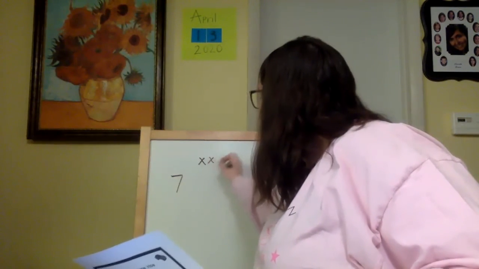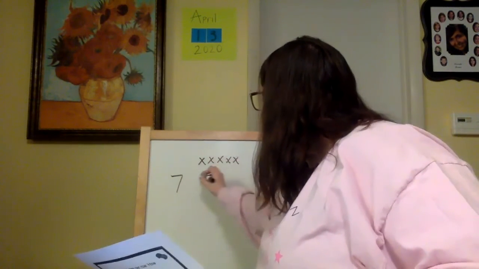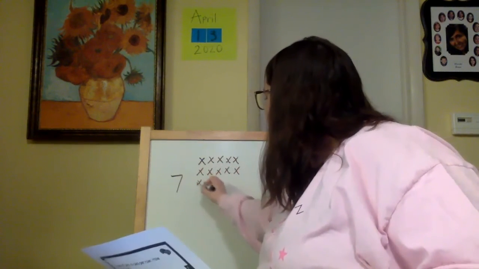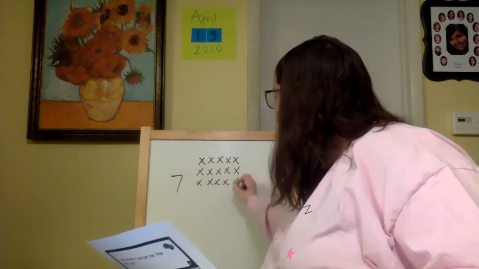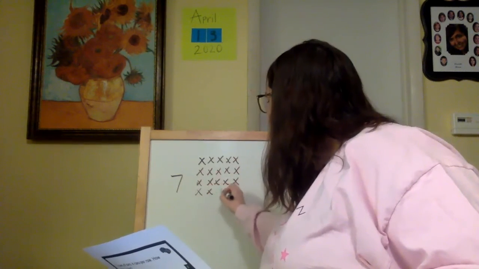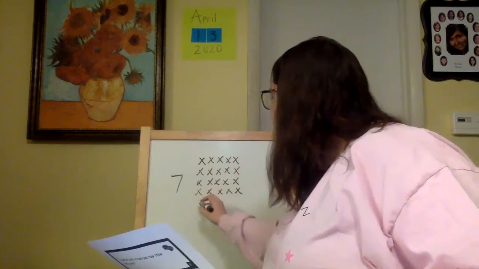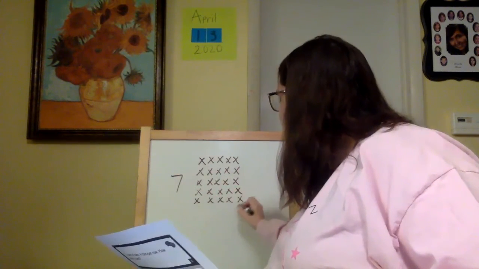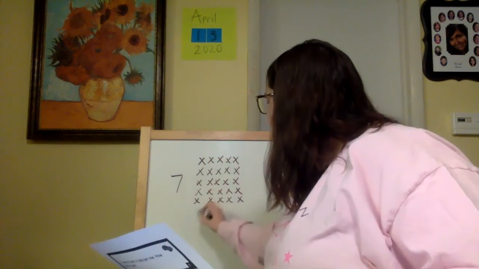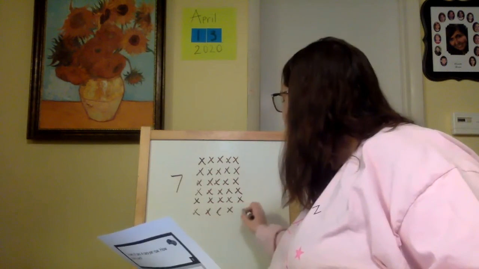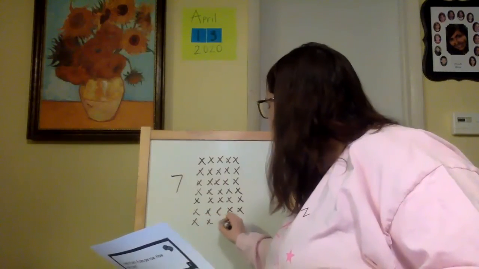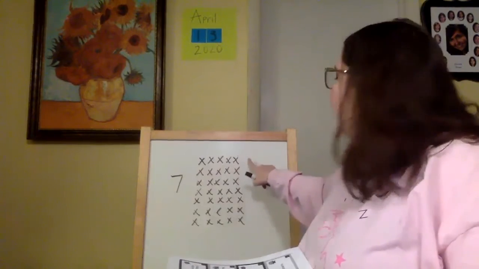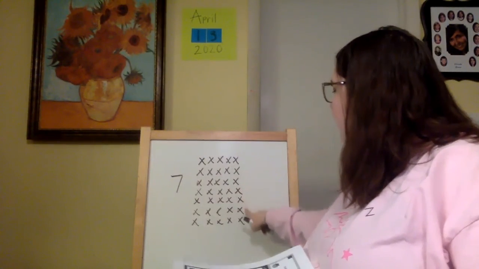So 1, 2, 3, 4, 5 in each row, and I'm drawing all seven rows. That's 4 rows, and then 3 more. So I'm going to count to make sure I have every row. 1, 2, 3, 4, 5, 6, 7.